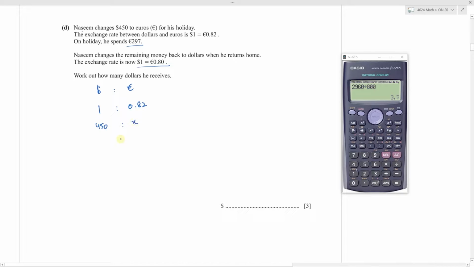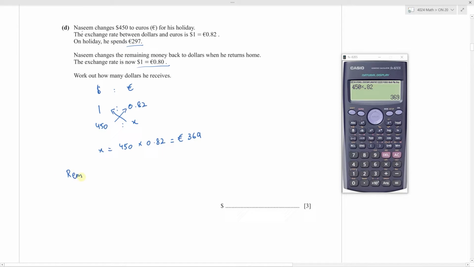So let's call this X euros. So this will be directly proportional as well, because more dollars will give you more euros and less dollars will give you less euros. So X will be 450 multiplied by 0.82, and this is 369 euros that Naseem will receive. And then on holiday, he spends 297 euros.